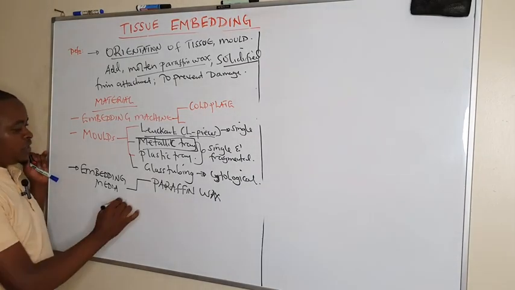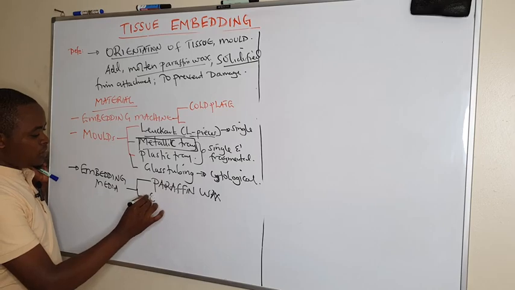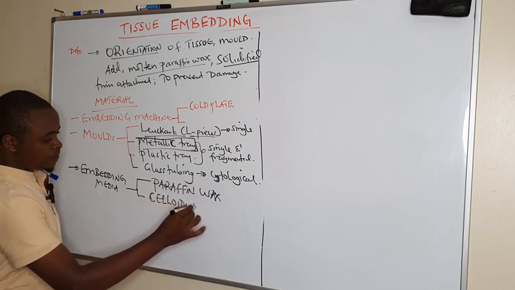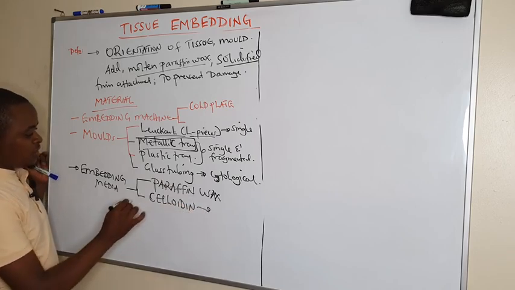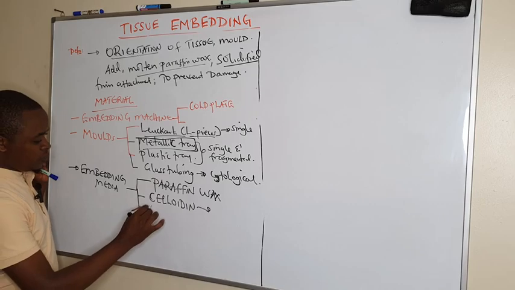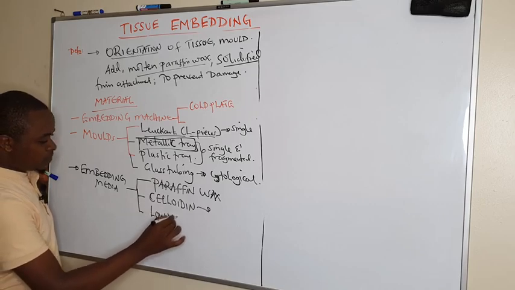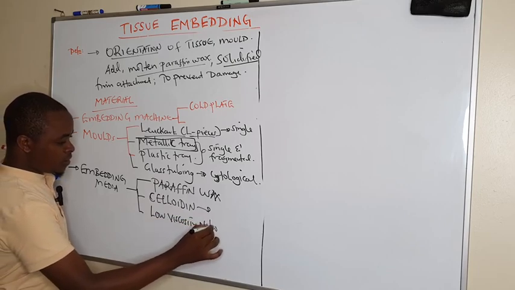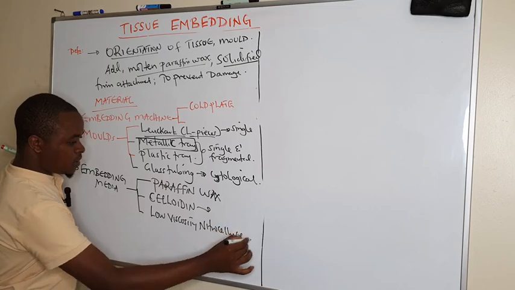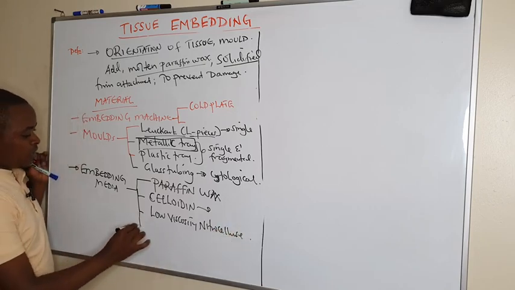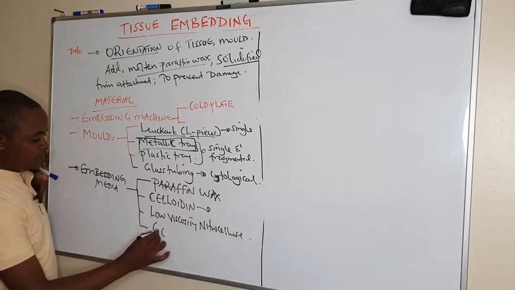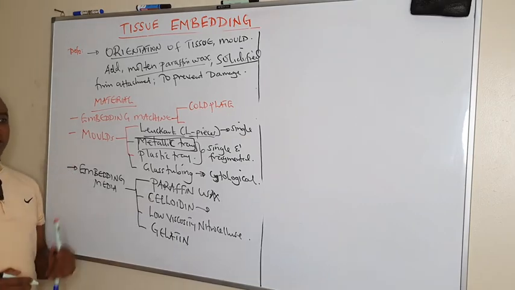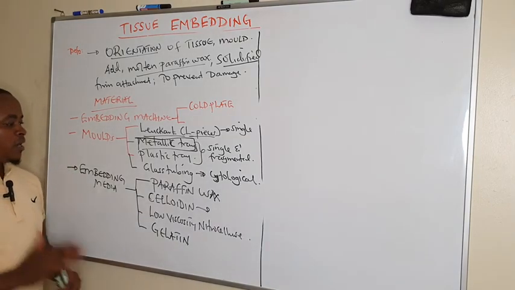Another one which is used is celloidin, then we have low viscosity nitrocellulose, then we have gelatin. These are the major embedding media used.